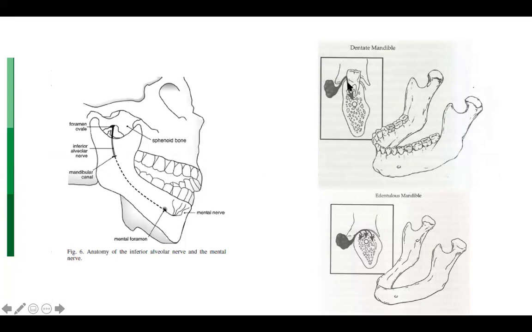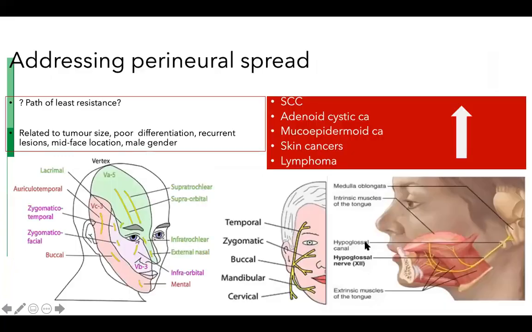And this is the method of involvement in the mandible in the absence of cortical involvement. So even in the absence of cortical erosion, through the dental socket in a patient who has teeth and through the dental pores in an edentulous patient, the mandible can be involved. The other thing that we need to be aware of is perineural spread. So this is perhaps because of the path of least resistance.